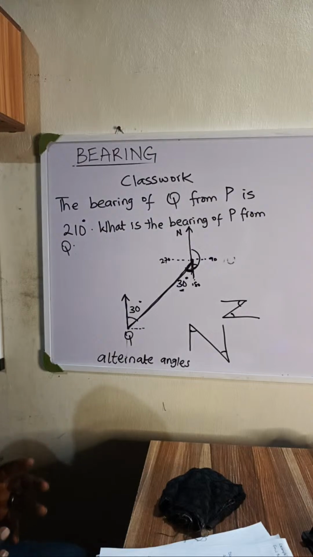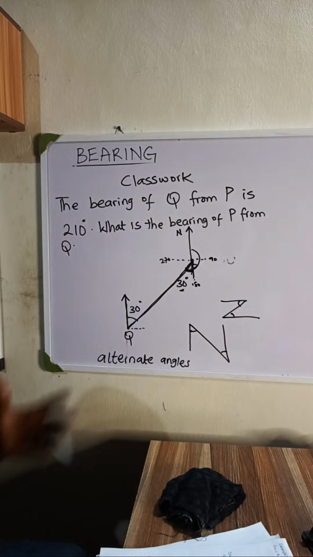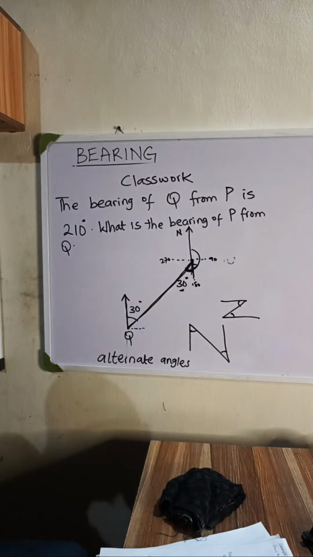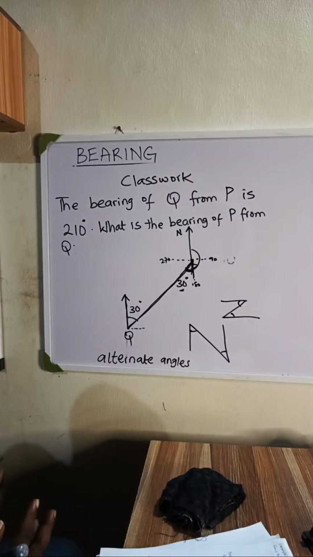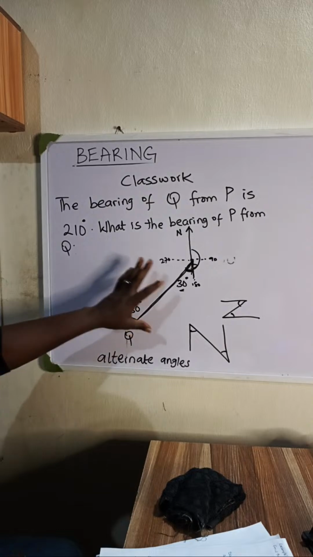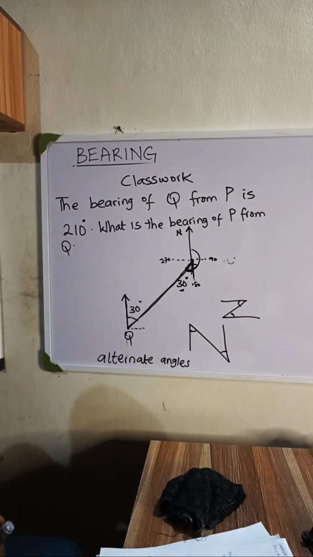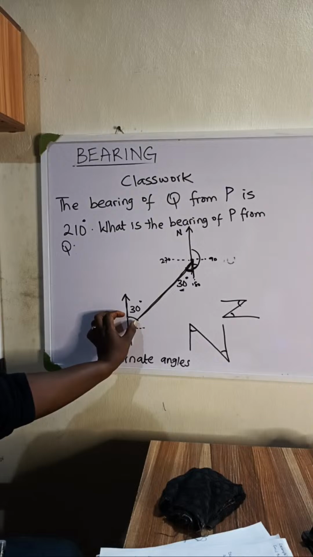In this situation, what we use to get the answer is alternate angles. Alternate angles can also be applied in getting the answers to bearing in this kind of situation. It makes it easier, especially when you are getting smaller angles.